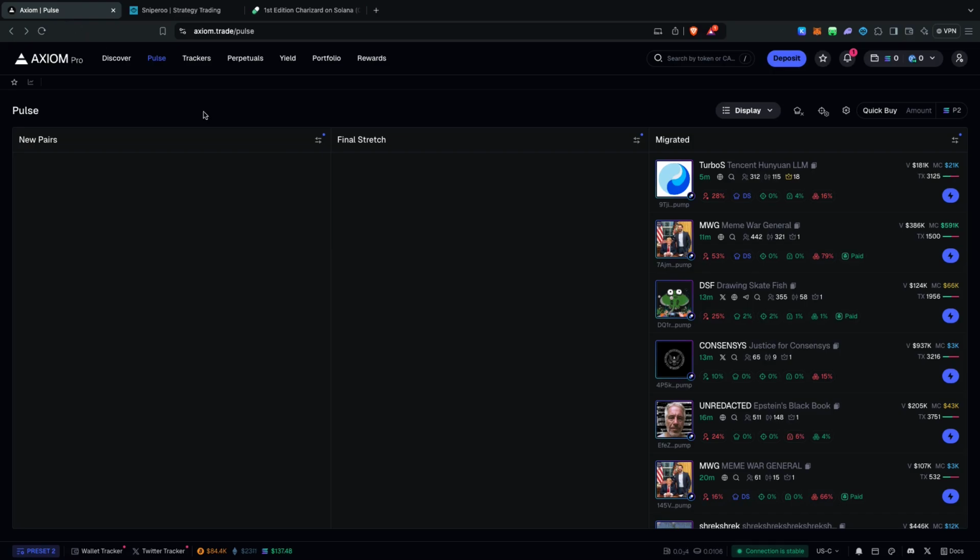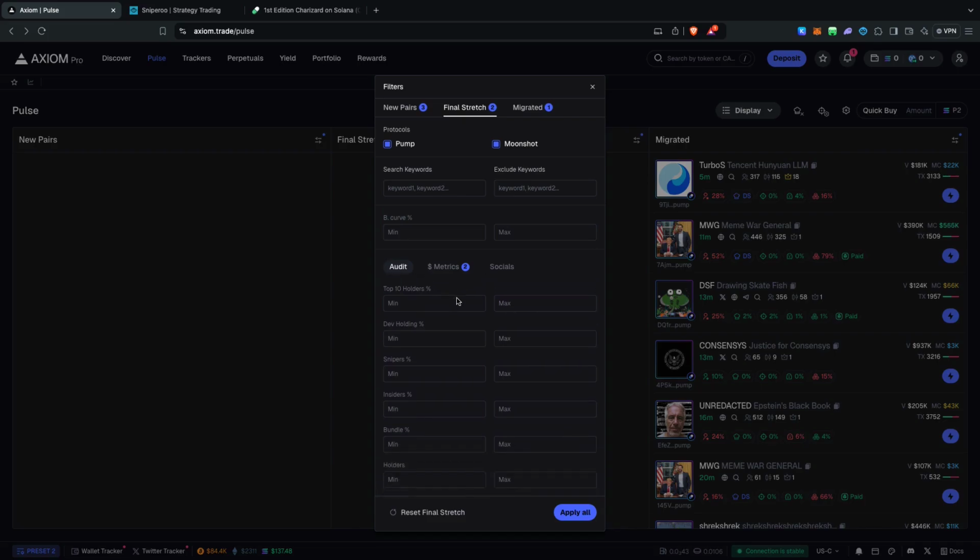However, one thing that I want to remind you, especially when it comes to the final stretch type of plays, because if you take a look at these filters, they are going to be giving us exposure to coins that don't really have a lot of liquidity. So it's not going to make any sense for you to go in with $10,000 worth of capital.